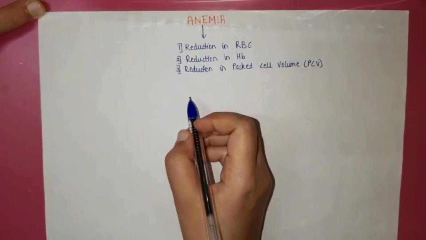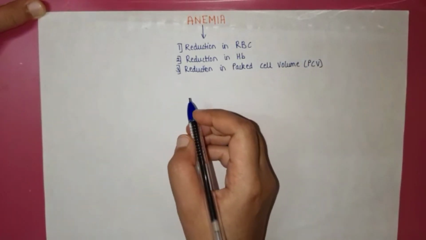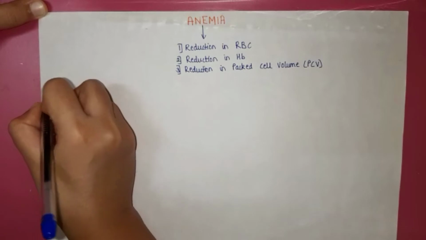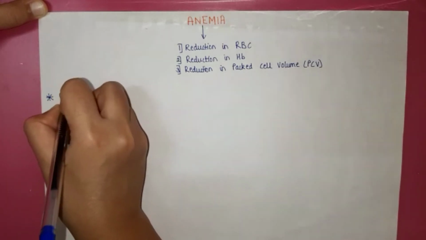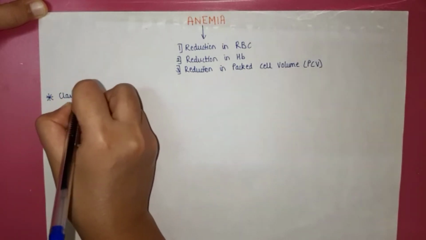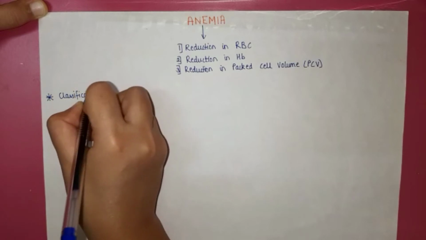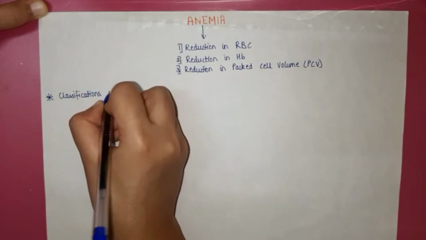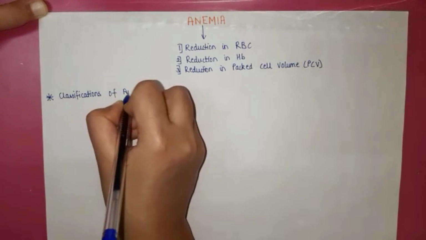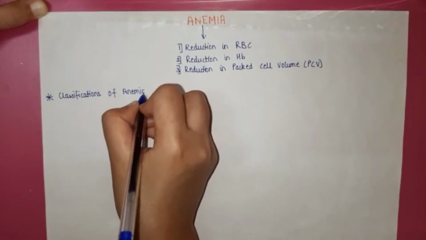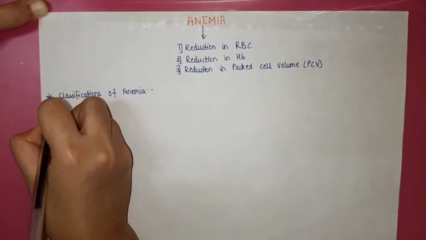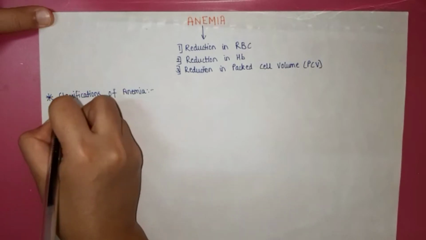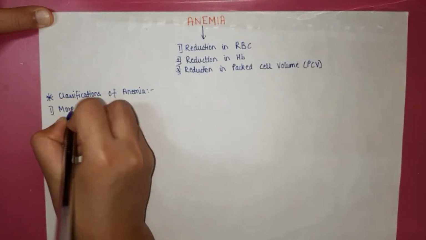Now, anemia is classified into two types. So, the two broad classifications of anemia are, first one is the morphological classification.